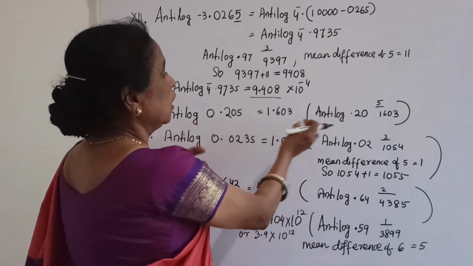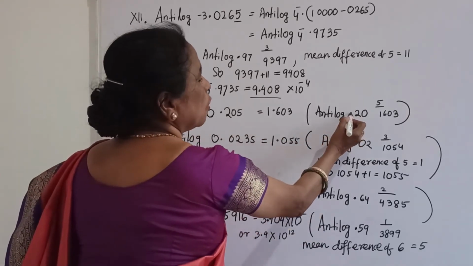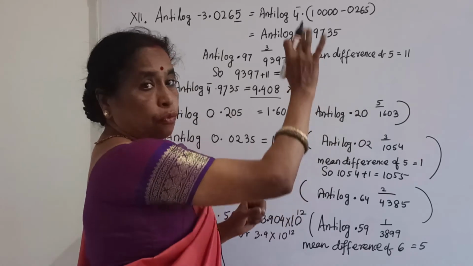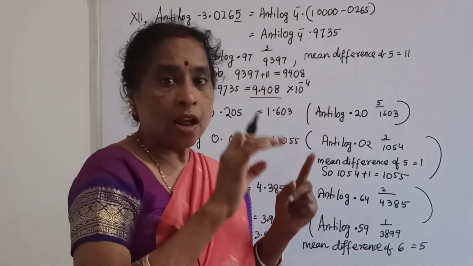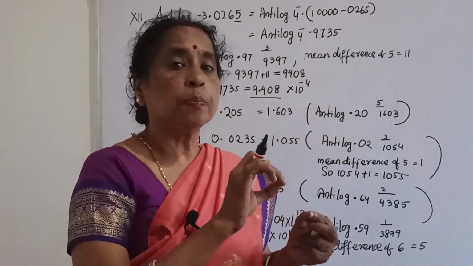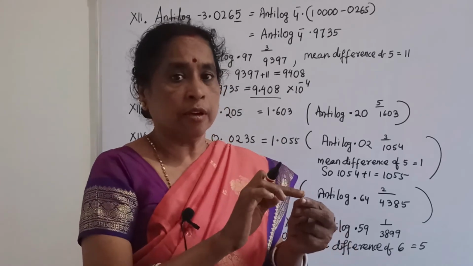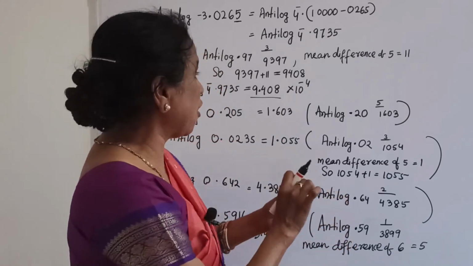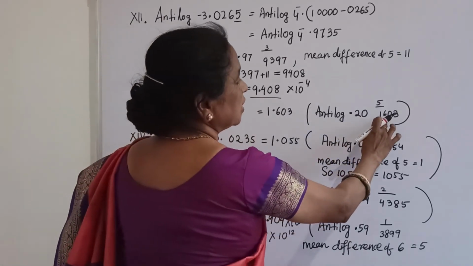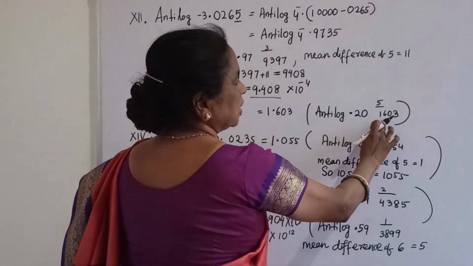Here 0.205. That means in the antilog table you go to 0.20 and 5. You see where the point meets, that is 1603.